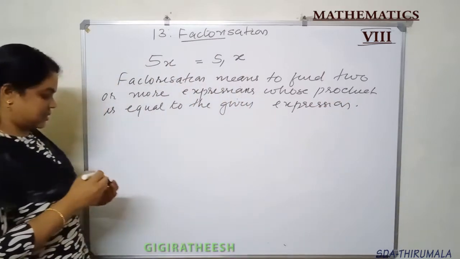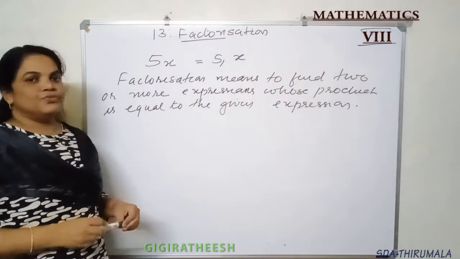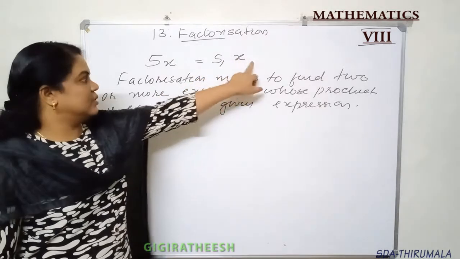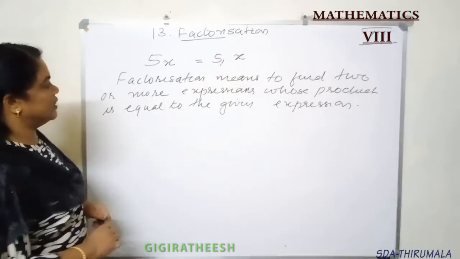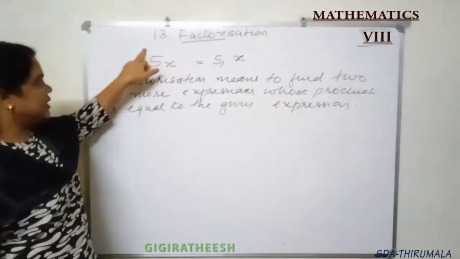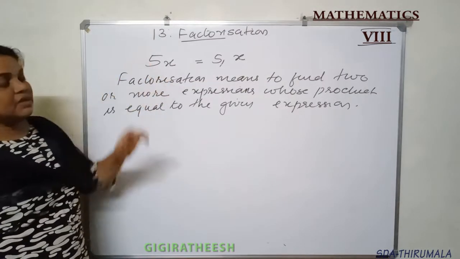The product of these two, 5 into x, is equal to 5x, the given expression. That is called factorization.